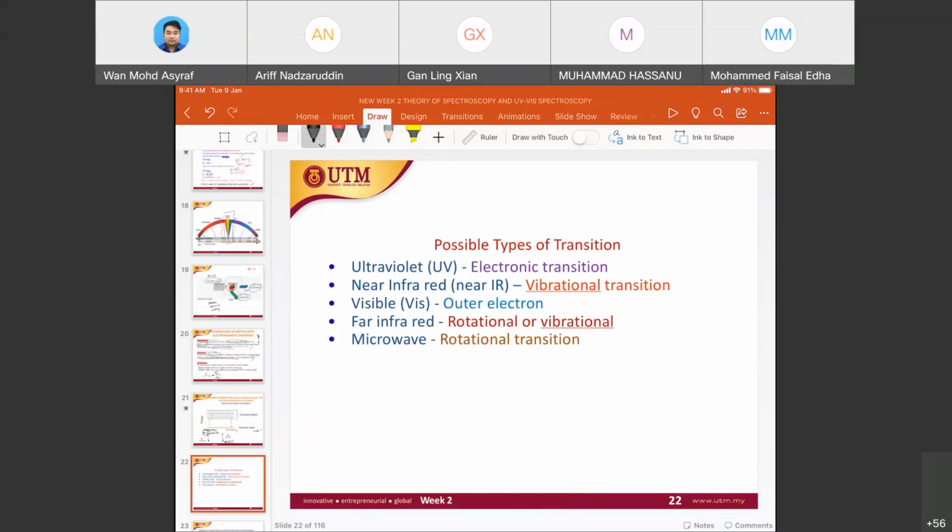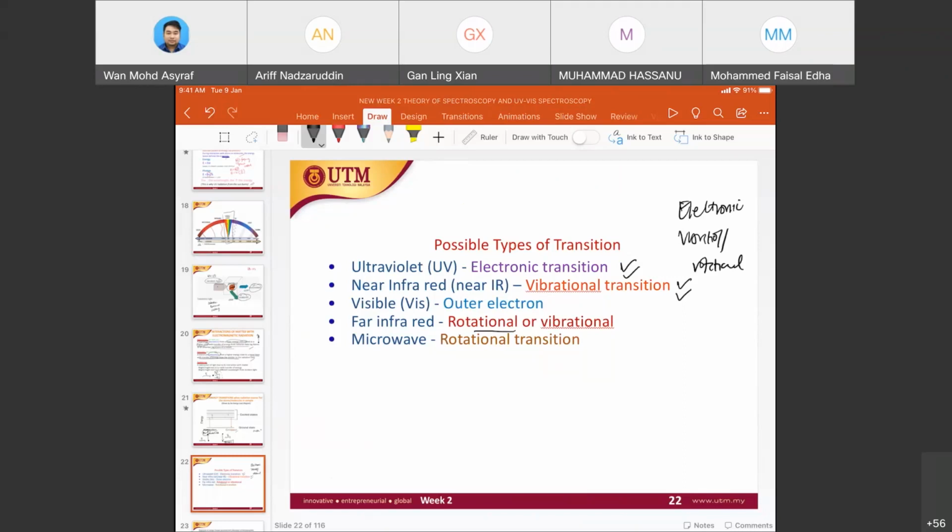So for ultraviolet, it is an electronic transition. Kalau infrared, it is a vibration. Infrared pun ada yang vibrational ataupun rotational lah. So basically kita ada electronic, vibrational ataupun rotational.